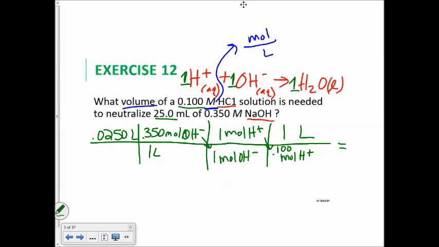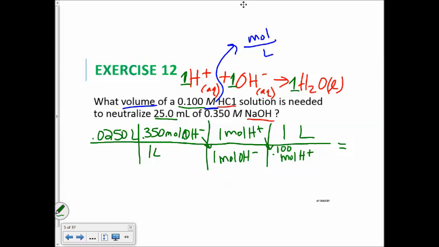So then we know how many liters of the 0.1, and if you look at it, the concentration of the hydroxide is higher. So what would you expect the volume to be? Equal, below, or above the 25 mark? If you have 0.35 molar of sodium hydroxide and only 0.1 of the acid, do you think you'd need less volume, more volume, or what?